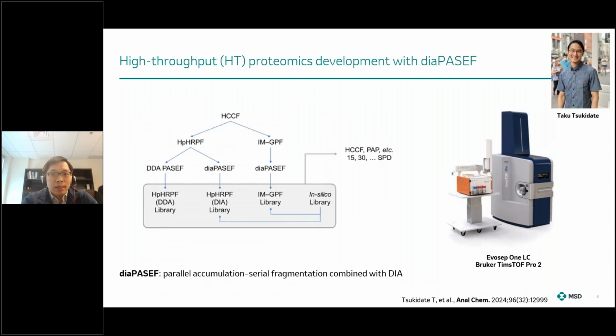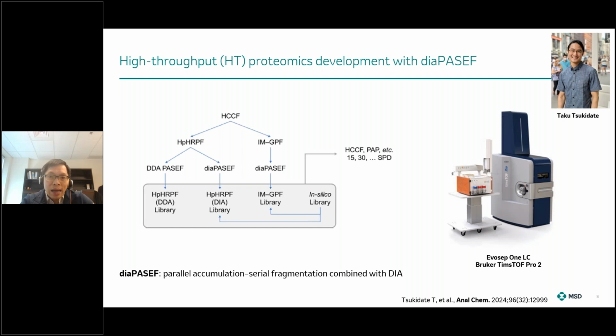So in the next 2 case studies, I will demonstrate how we leverage this Evosep to address both the throughput and the sensitivity issue, right? The work was done by a former postdoc in the lab, Taku. In the first workflow, he developed a high throughput LC-MS based proteomics workflow, leveraging the Evosep coupled with the Bruker timsTOF.